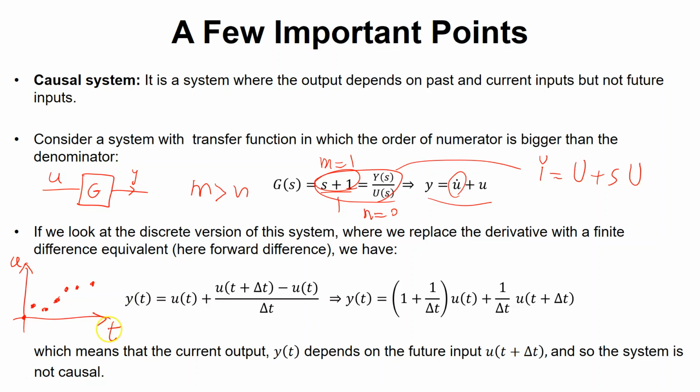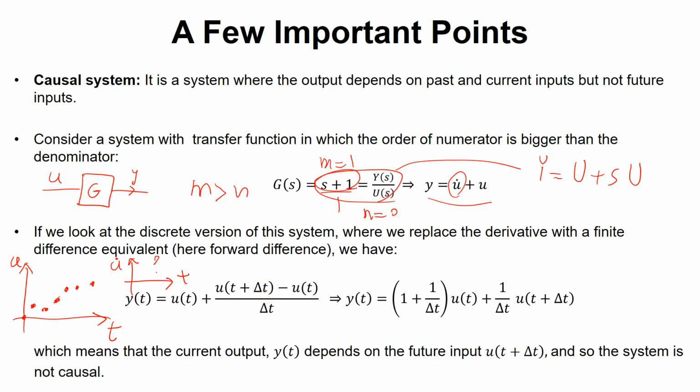Now, if this is u versus time, the question is, how would u dot versus time look like? How do I find it? Because if it's a continuous curve and I have infinite resolution, I have an infinite number of points, well, yes, I find the slope. But what if this function is not given and it's not analog, it's just a bunch of discrete points? How would you find derivatives?